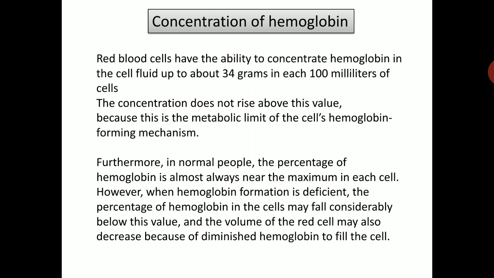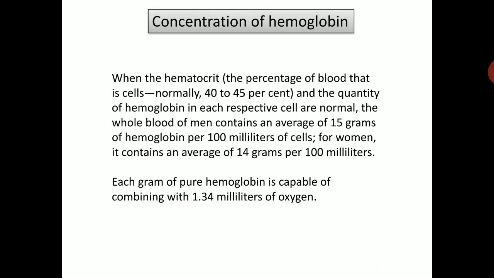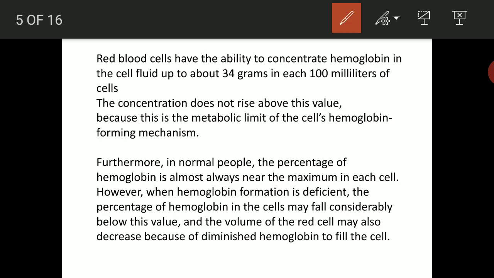However, when hemoglobin formation is deficient, the percentage of hemoglobin in the cell may fall considerably below this value, and the volume of the red cell may also decrease because of diminished hemoglobin to fill the cell. If we reiterate this point, if hemoglobin formation is deficient, it will fill less space inside the RBC.